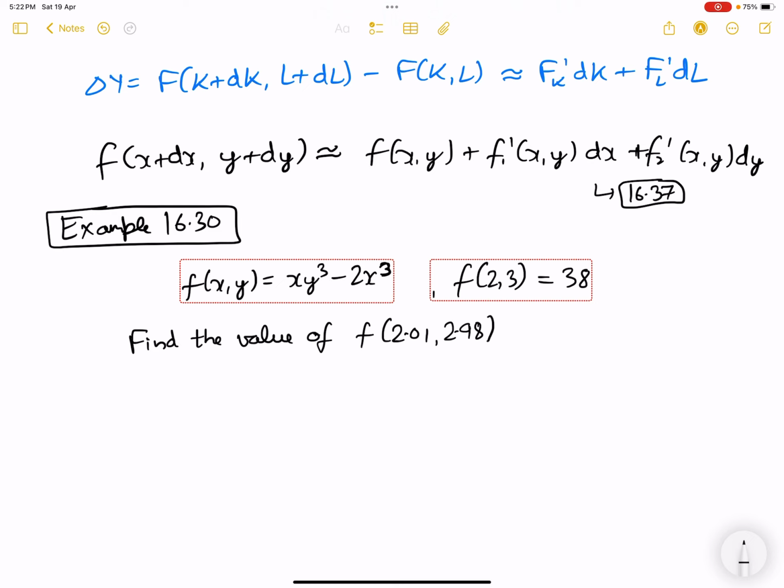So I'm giving you a minute to solve this using 16.37.